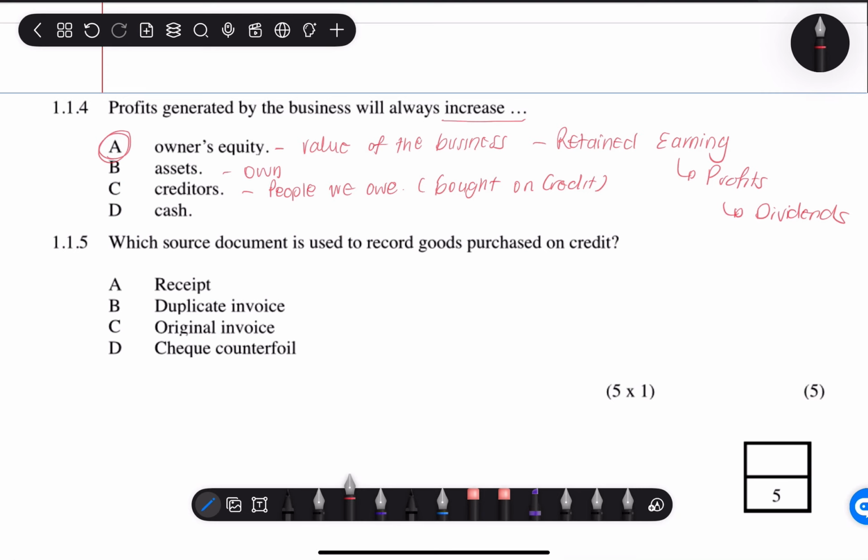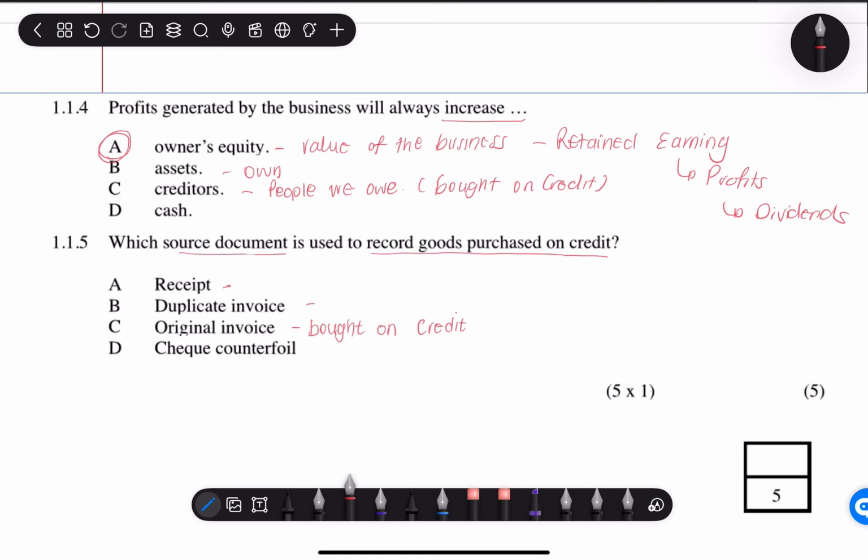1.1.5, which source document can be used to record goods purchased on credit? So you've got a receipt. Then you've got a duplicate invoice, original invoice, and check counterfoil. Check counterfoil is for any check transactions. Original invoice is if we bought something on credit.